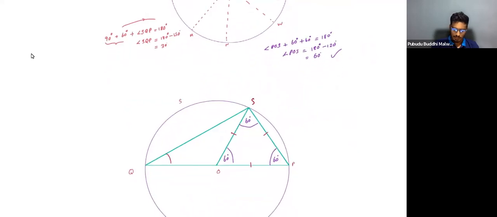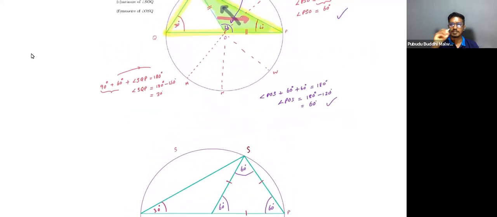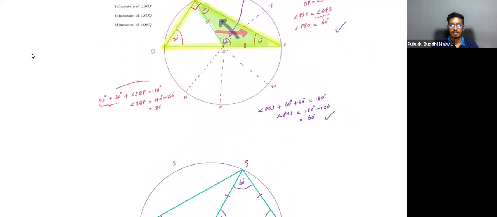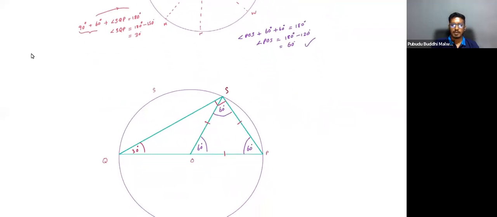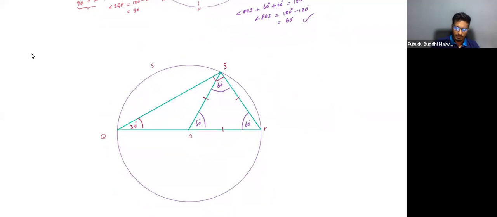By the way, this one equals 30. Same diagram, I just changed the position of S, right? This one is still 90. Now the QSO angle, which means this one, QOS, that one.